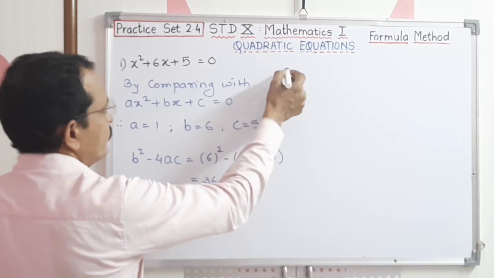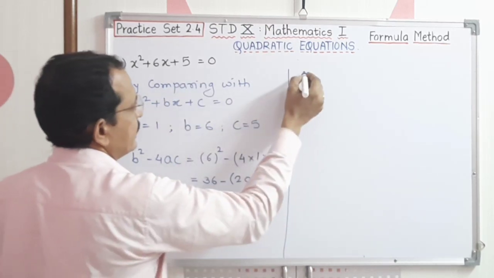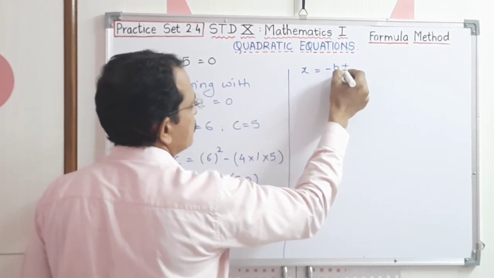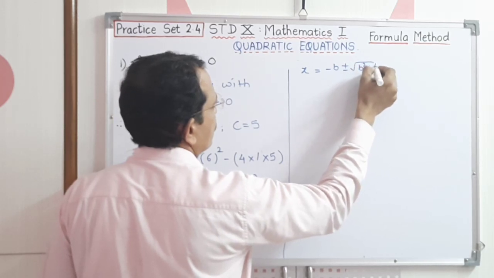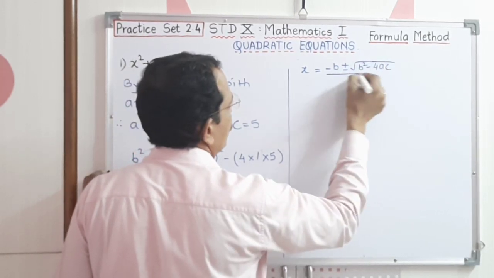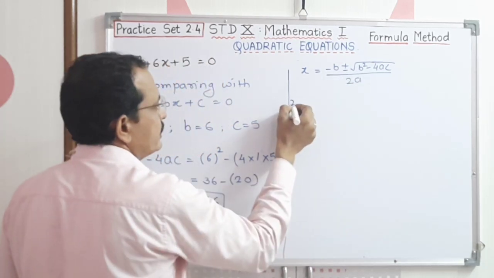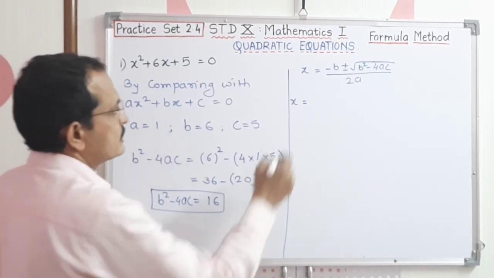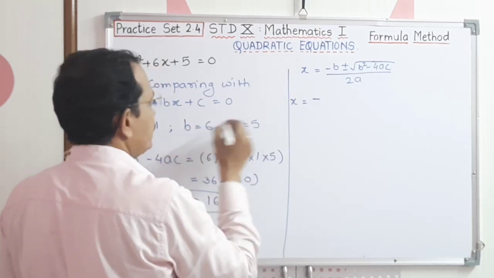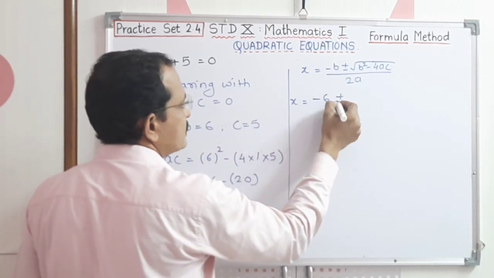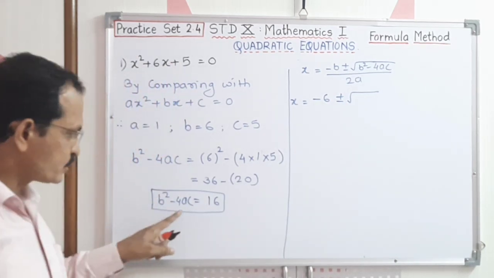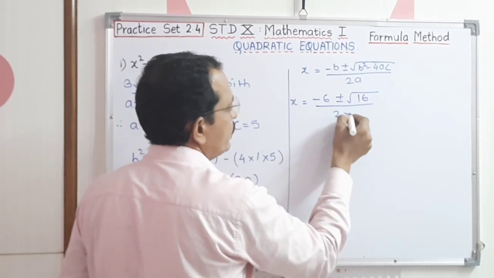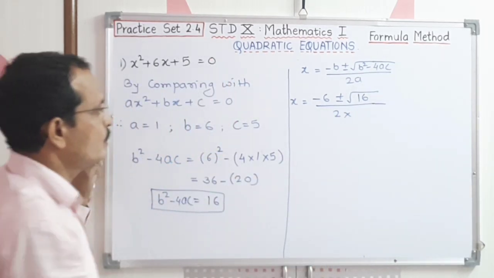Now we have to use the formula. Now the variable is x, therefore we write here x is equal to minus b plus minus under root b square minus 4ac upon 2a. Then it is x is equal to minus b. Yes students, this minus is as it is, and the value of b is equal to 6 and plus minus under root b square minus 4ac is 16, therefore we write here 16 divided by 2 into the value of a is equal to 1.